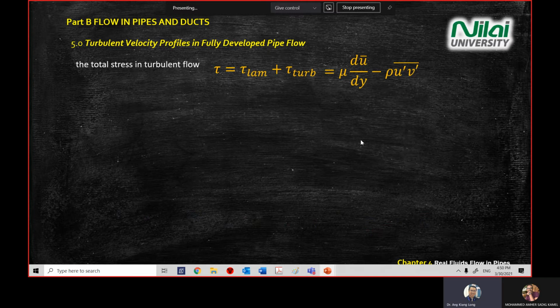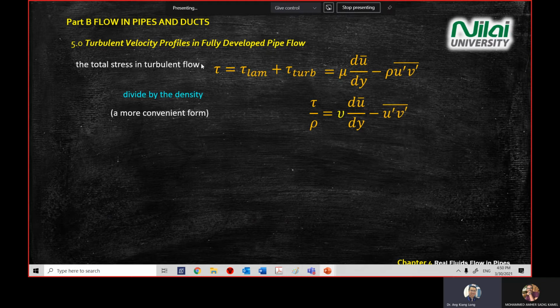All right, so this is about turbulent flow in a pipe. If you recall the equation that we looked at just now, the shear stress in the turbulent system combines laminar and turbulent, and then you divide the equation by the density. So on the left hand side you have shear divided by density, and on the right the dynamic viscosity divided by rho becomes the kinematic viscosity.